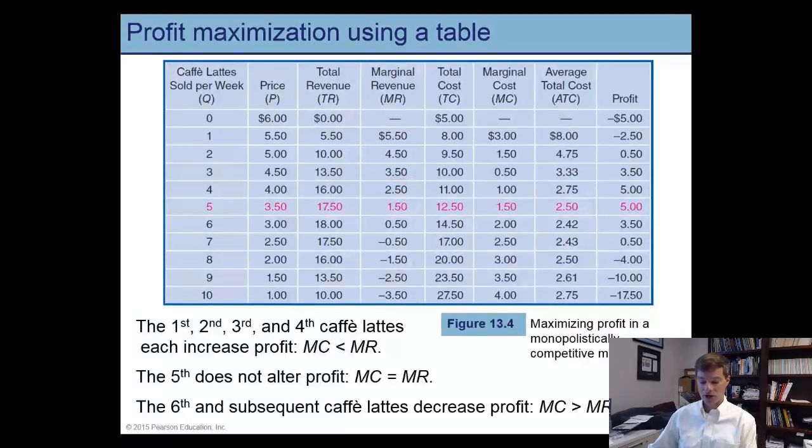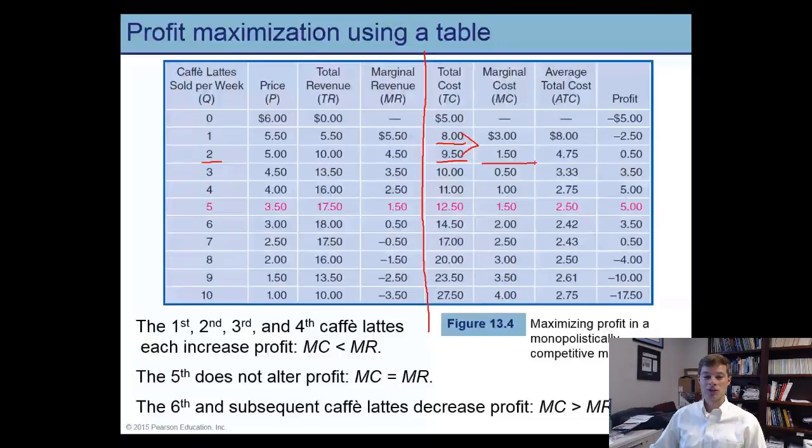Now let's look at the cost side of the firm, and the table is giving us information on the total cost of producing each unit of output. Marginal cost is calculated from total cost, the same way marginal revenue is calculated from total revenue. The total cost of producing 1 unit is $8. The total cost of producing 2 units is $9.50. So total cost goes up by $1.50 when we produce the second unit of output.